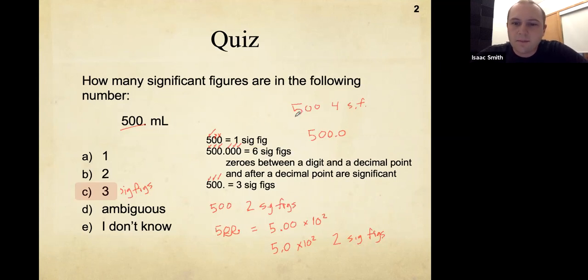So any number, if you're struggling with this, just do what I'm doing here. Say I want 4 sig figs or 5 sig figs or 7 sig figs, and you should be able to write any number to that amount of sig figs, either using scientific notation or adding a decimal point with more zeros at the end to make it significant. Okay.